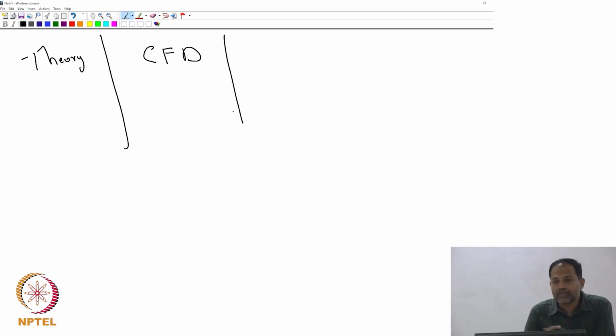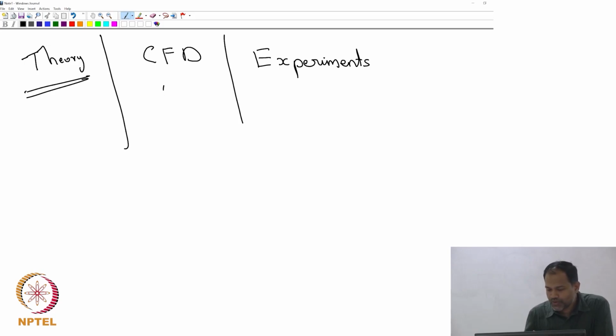The other option, of course, is to see what's going to happen directly, and that is by doing experiments. So these are the three options you have when you want to look at a flow problem. Now there is an issue.